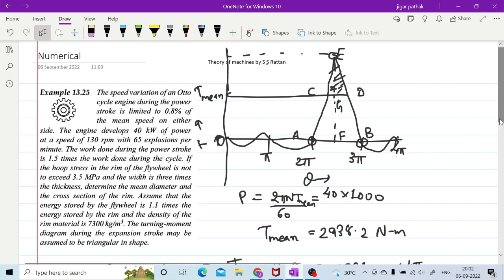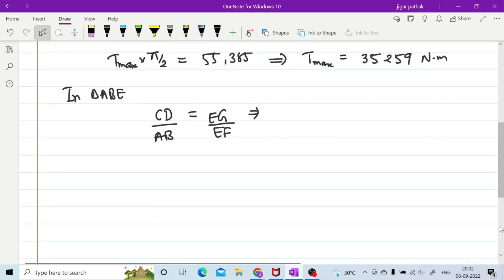So once you write like this, your EG and EF are with you, so you can find this CD actually. AB is with you, that is pi. You have the maximum torque and the mean torque, so all the data is with you.